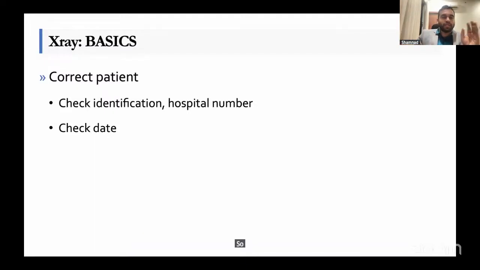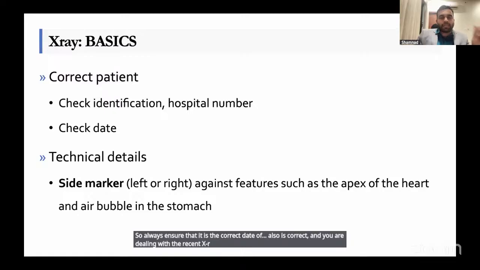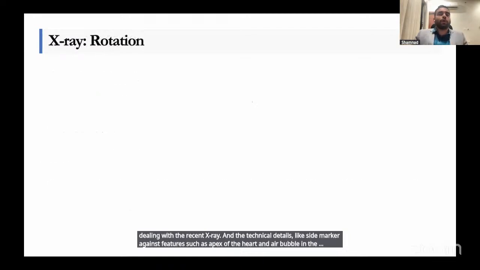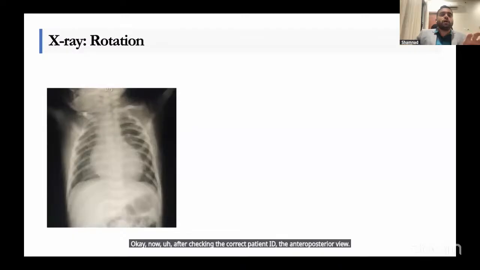So always ensure that the date is correct and you are dealing with the recent X-ray. Also check technical details like the side marker against features such as the apex of the heart and the air bubble in the stomach.